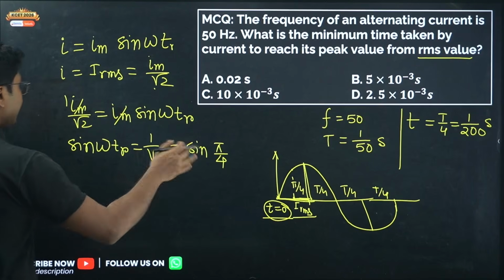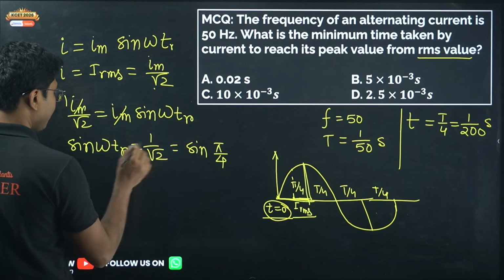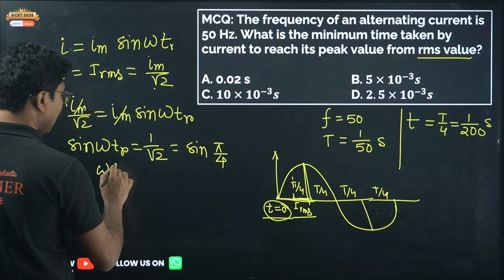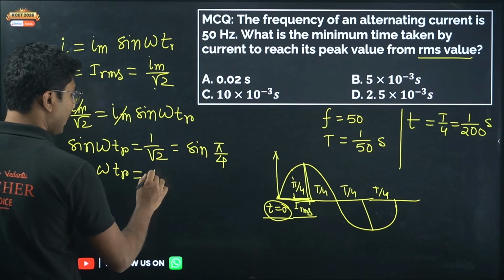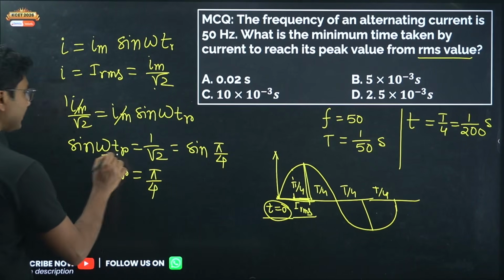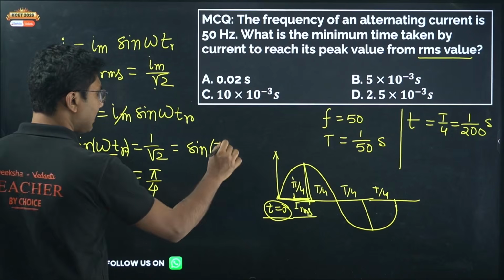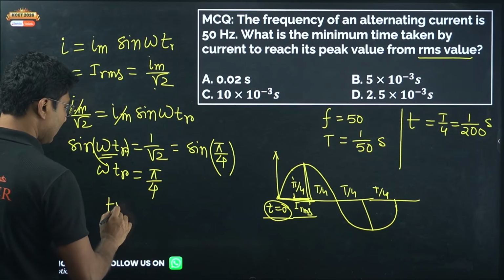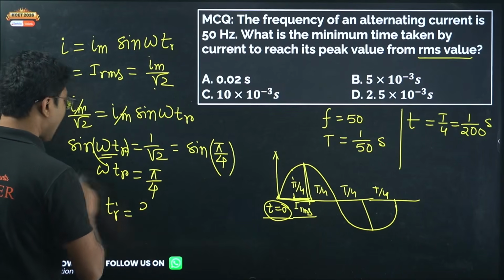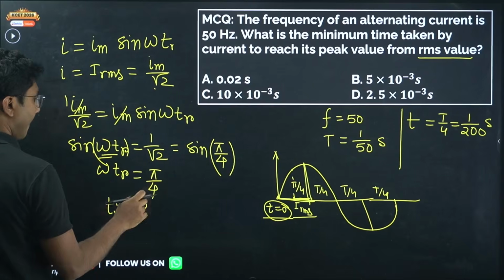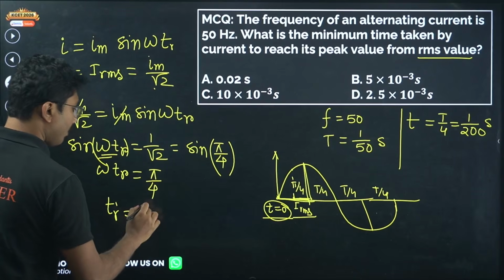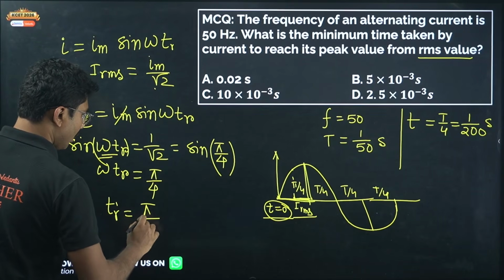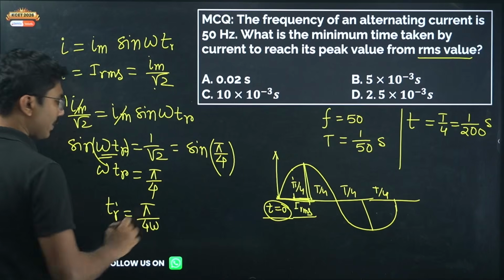So from here, omega tr equals pi/4, or tr equals pi by 4 omega.